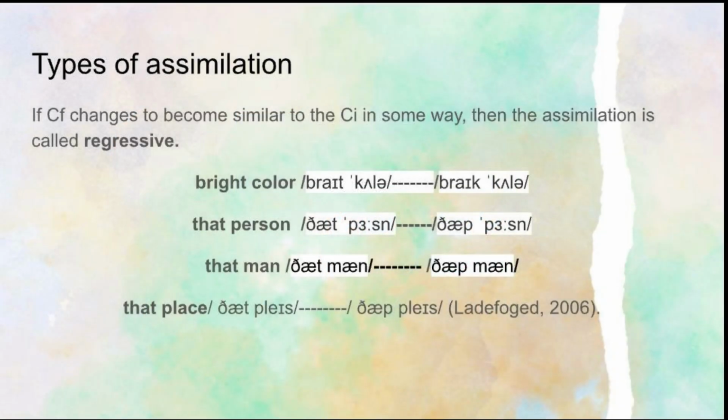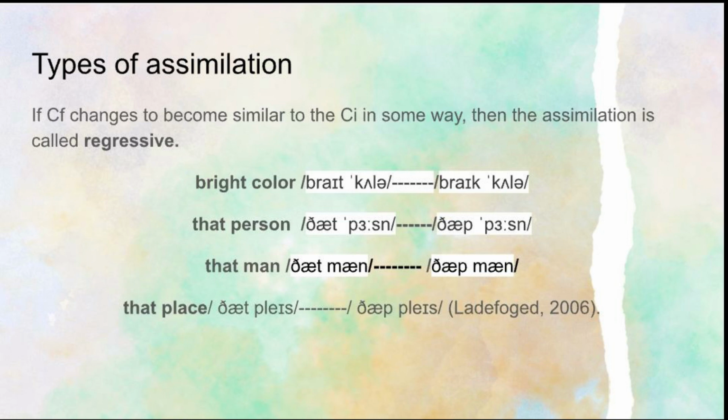Now, we have different types of assimilation, and let's start with the regressive one. If the final consonant changes to become similar to the initial consonant, then the assimilation is called regressive. We have here four examples.